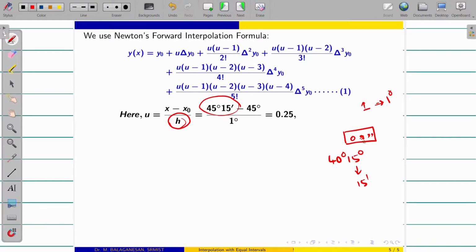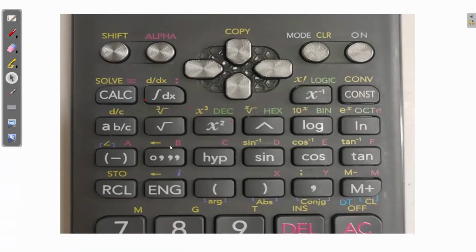That's why I have chosen this. It is a little bit different problem. We will compare it with the previous one. In your calculator, in the 991 MS model, these are the keypads. These are the keys available there. Exactly what I told you here, it is in this position. Look at that. You have to choose any one of the values.